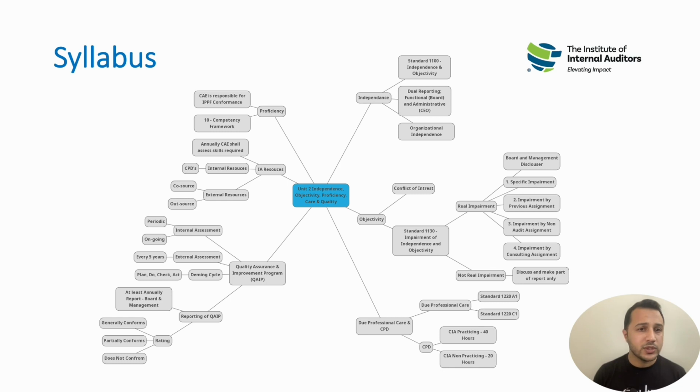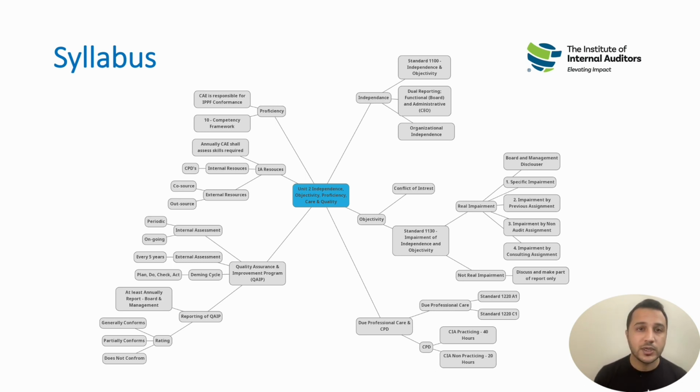This is just a map which I have made to give you a mental map, basically a mind map, by which you can understand how the concepts are linked in the entire unit. It mainly talks about independence, objectivity, and within objectivity there are many key concepts we need to understand, such as conflict of interest, and some other important topics covered under the internal audit standards, and due professional care, quality assurance, internal audit resources.